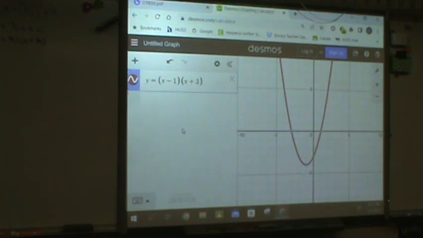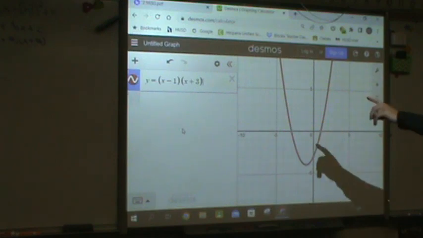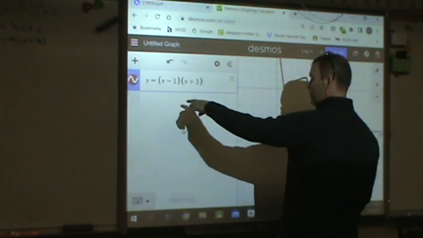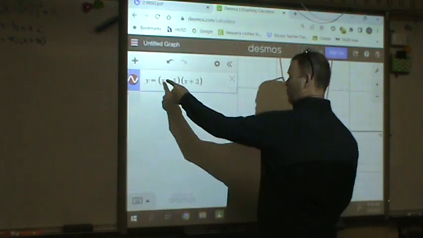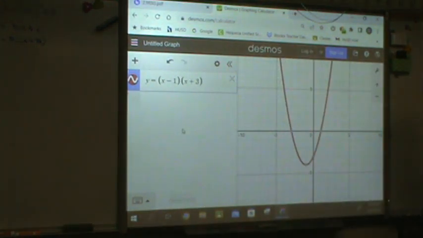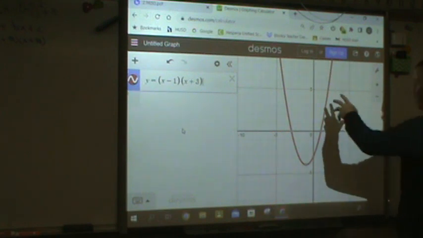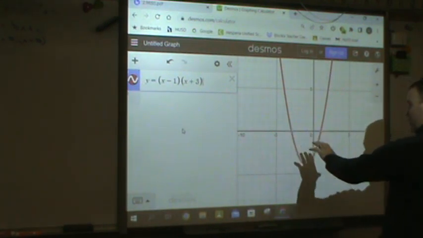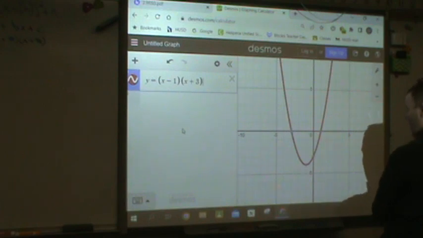And you'll notice it brings up a quadratic function. Why does it bring up a parabola? Well, this is a quadratic function in factored form. We just got done talking about factored form. X times x, that's x squared. That's a quadratic function. So now that we've plotted it using technology, it wants to know the idiosyncrasies of what's going on.